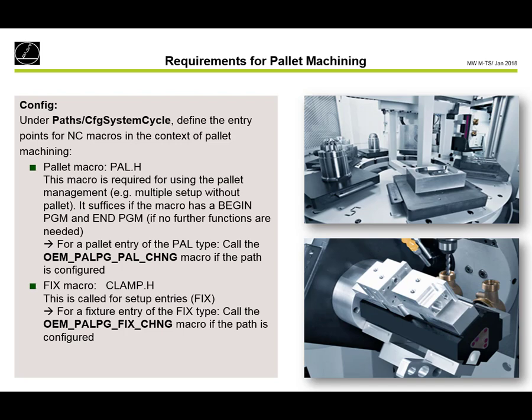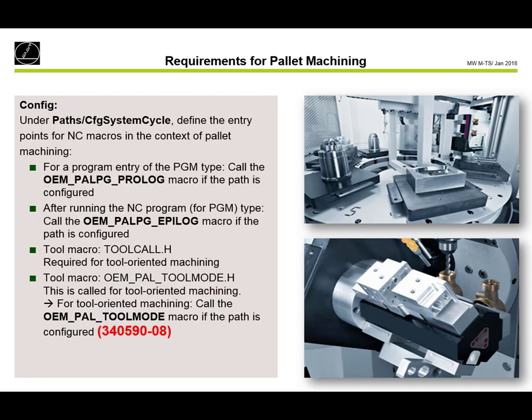Then the control is just calling the pallet macro, and this is an NC macro, for example, to change the pallet to the next pallet here. The fix macro, the same. If you have the entry fix inside, then the control calls the fix macro to change the situation here.